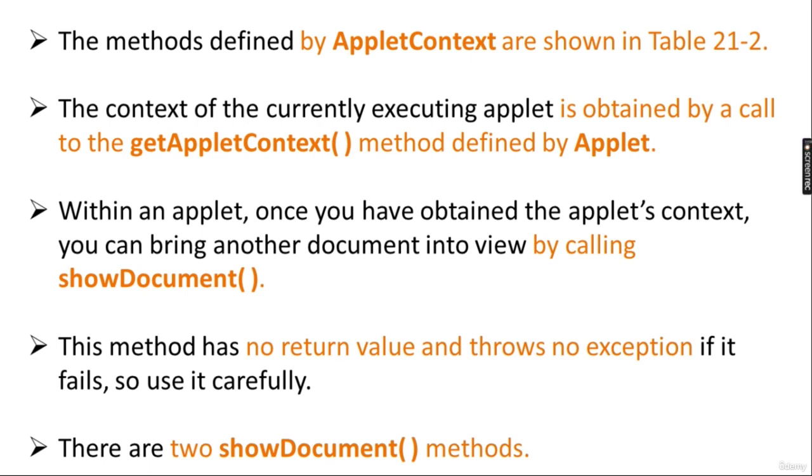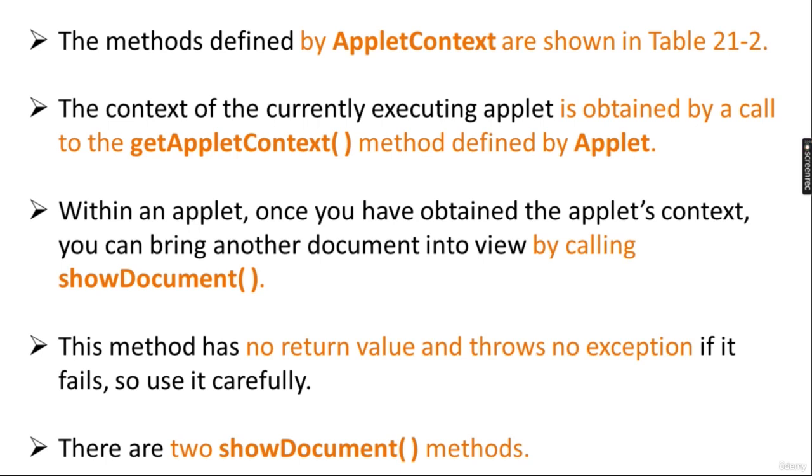Once you have obtained the applet context, you can bring another document in by calling showDocument. First you get the applet context, and using that, you call the showDocument method passing its URL, so that the document will be shown.